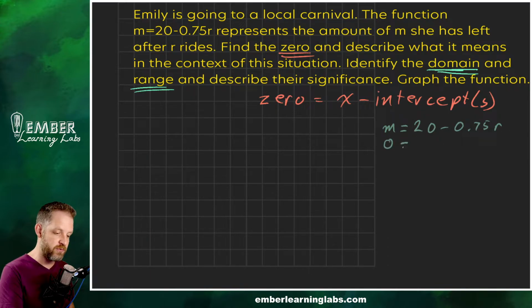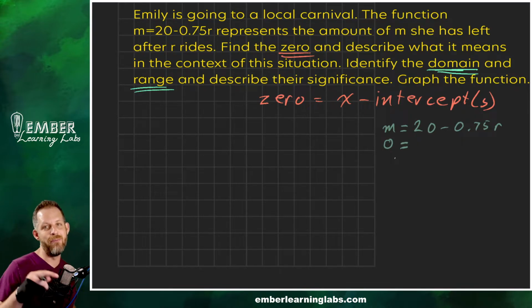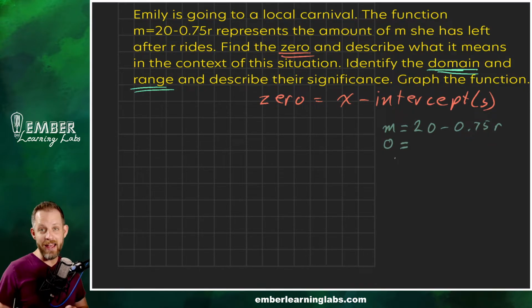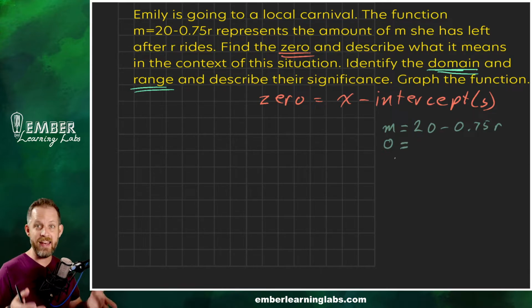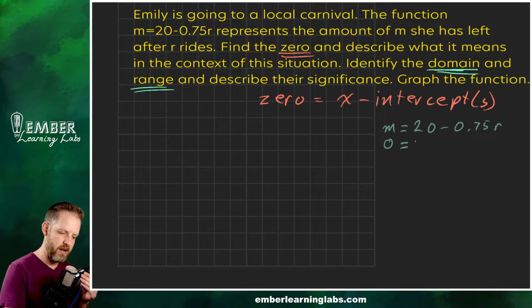Remember, x is the independent variable. r is the one that's controlling the other. The number of rides she rides controls how much money she has left. Her money depends on the number of rides she's ridden. So r is the independent variable, so it's x. That's what we're looking for.